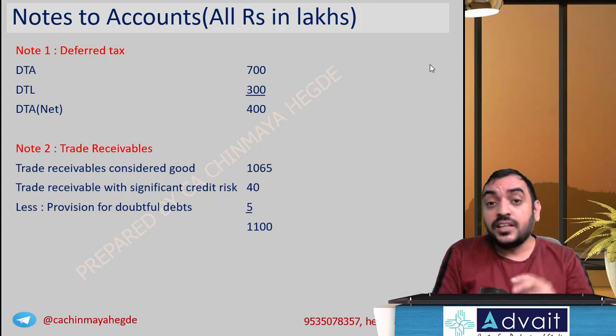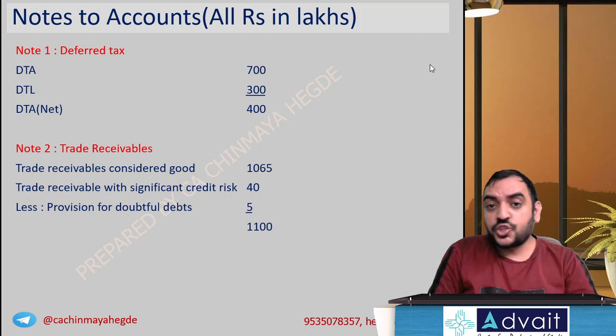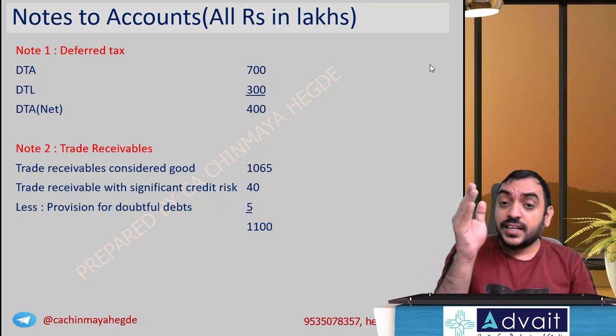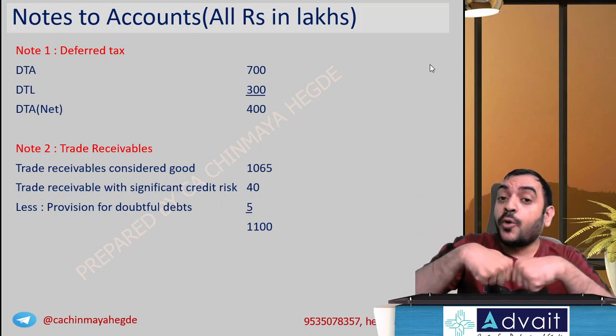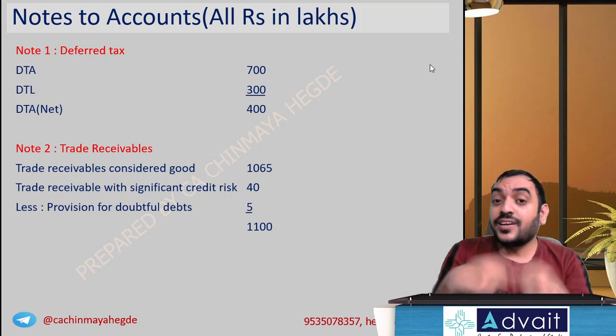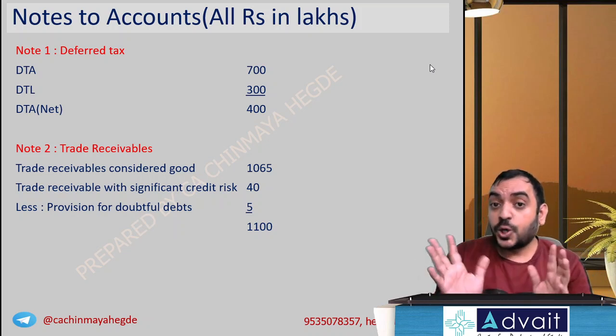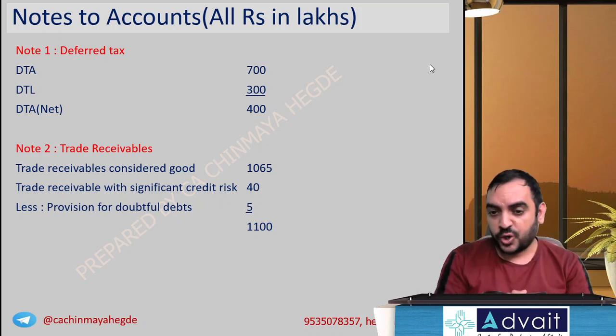Does not mean if it is more than 1 year, we should make a provision fully. That's not what Ind AS 109 says. Ind AS 109 says for trade receivables for lifetime, if you know amount is not receivable, make a provision today itself. If you know it is not receivable, does not mean you have to provide for full amount. That's not the meaning. Hope you got the point.